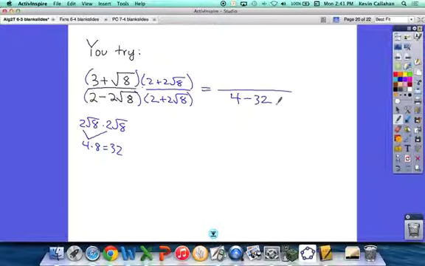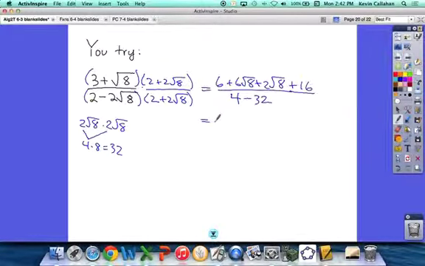Right? In the numerator, you got to FOIL it all. 3 times 2 is 6. 3 times 2 square root of 8 is 6 times the square root of 8. 2 times the square root of 8 plus 2 times the square root of 8. And the last, the square root of 8 times 2 square root of 8 is 8 times 2, which is 16.